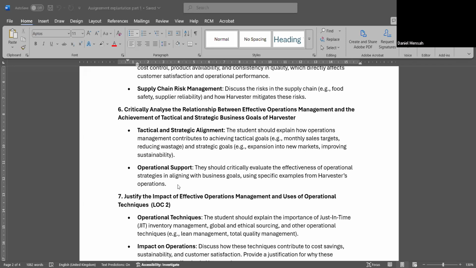Maybe they are serving the food on paper plates, so they are not using plastic. Then you can say this is how it is linking with sustainability. So this is how you are going to make the connection between operations management and the achievement of the tactical and strategic goals.